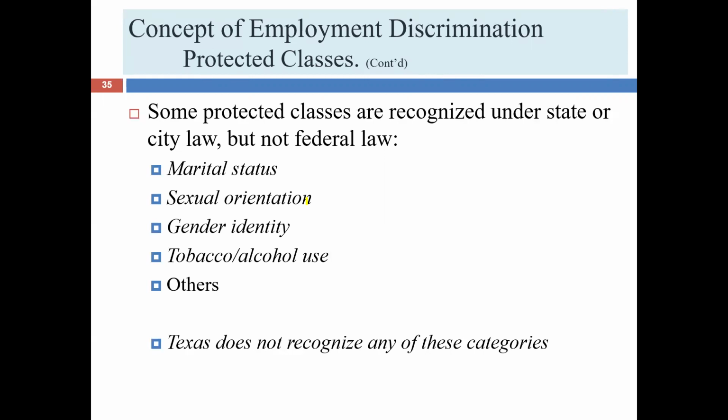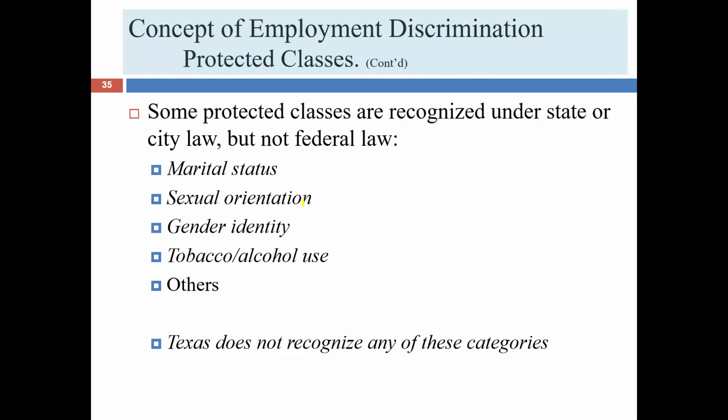It, though, could in the future be expanded. But right now, our understanding, at least in this part of the country, is that federal law does not protect us from sexual orientation discrimination or from gender identity discrimination. We'll talk more about both these topics later on.